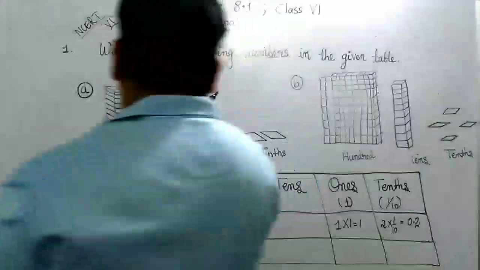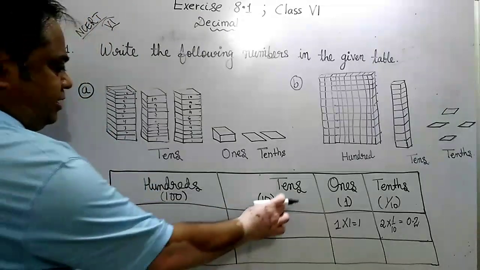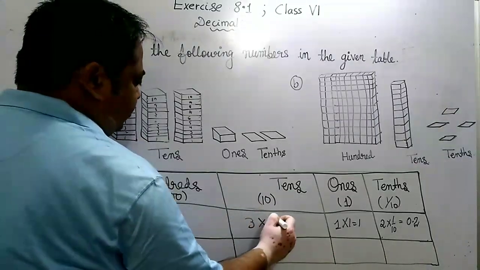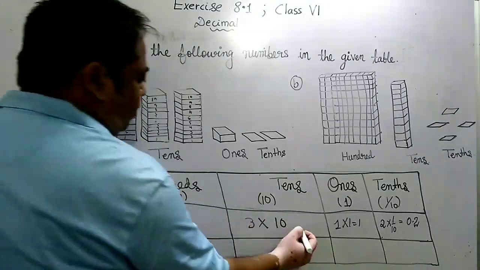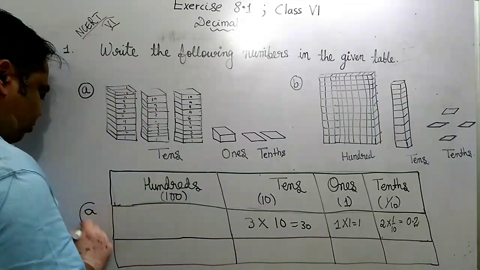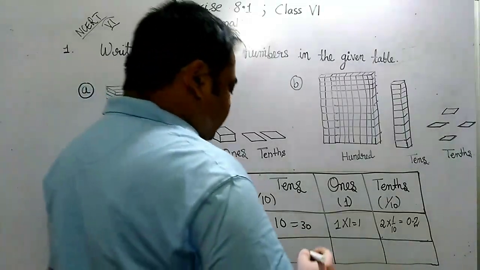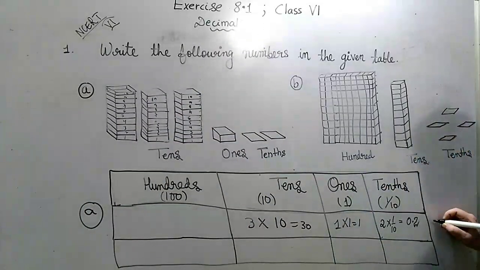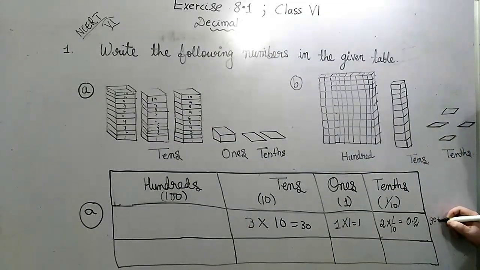So since 3 stakes are there and it is tens here, so we write 3 into 10 equal to 30. So if it is question number A's box, then its answer will be 30 plus 1 plus 0.2 will be equal to 31.2.